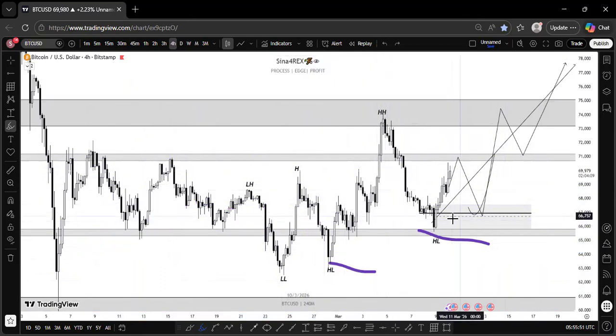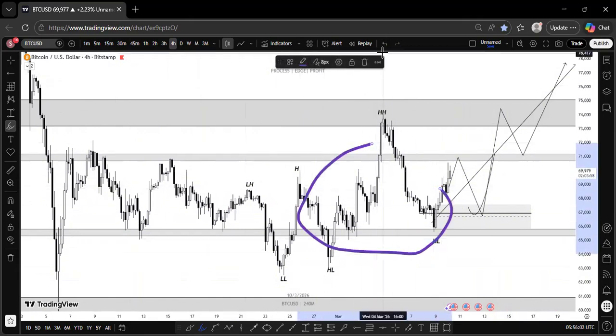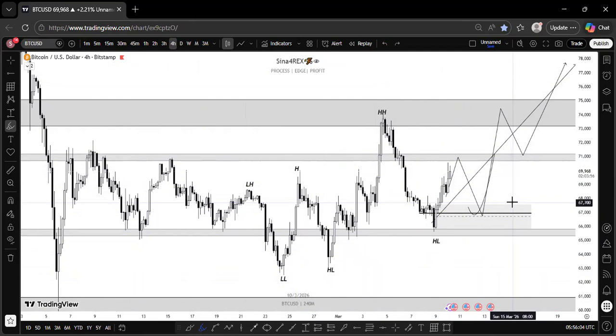The current market structure would have been validated, and then price will continue to be in the ranging market. But we are capitalizing on the new structure that is being formed in order for us to push the upside.